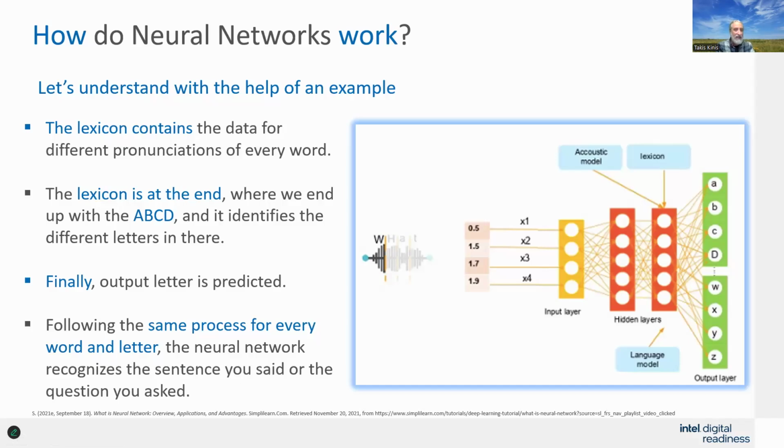The lexicon contains data for every different pronunciation of every word. For example, I could say what, or what, or whatever, you can say it 54 different ways, or you can be snarky and go, what's up. That one probably comes in as WASSUP or something, which isn't a word, so you would have to say it again.